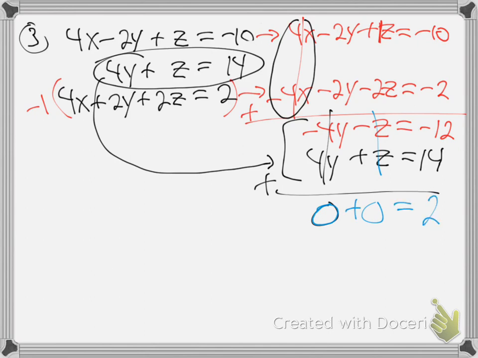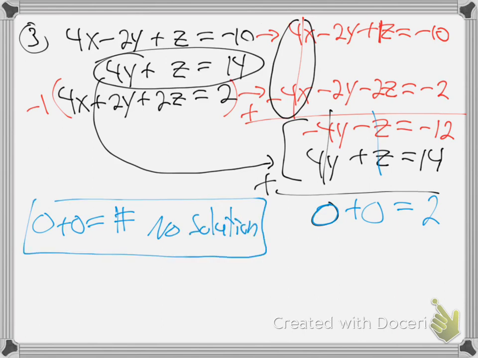0 plus 0 equals 2. That is not true. Whenever you get something like 0 plus 0 equals a number, that's not true, that means no solution. Versus if you happen to get 0 plus 0 equals 0, that would be infinite solutions, because that is true. 0 plus 0 does equal 0.